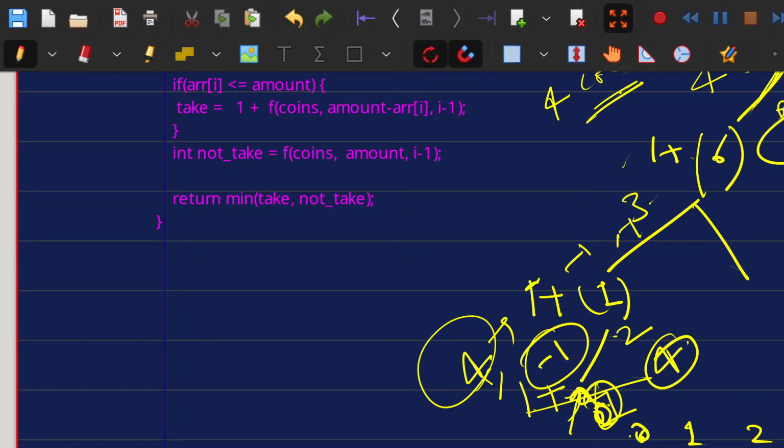So can we make 0 with 1? No, 0. Can we make 1 with 1? Yes, with 1 step. Can we make 2 with 1? I think 2 steps, right? 3, 4, 5, 6, 7, 8, 9, 10, 11, like this.